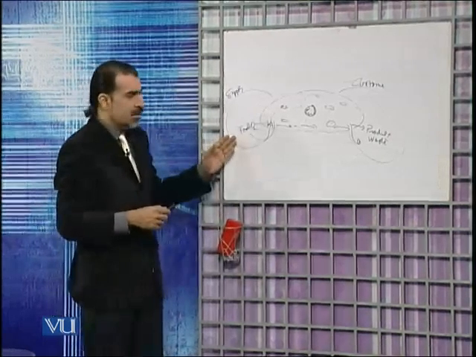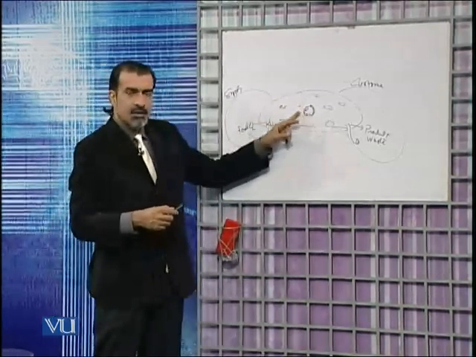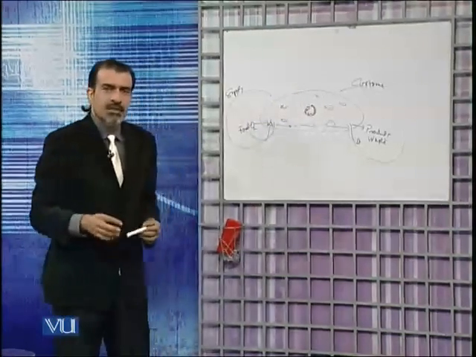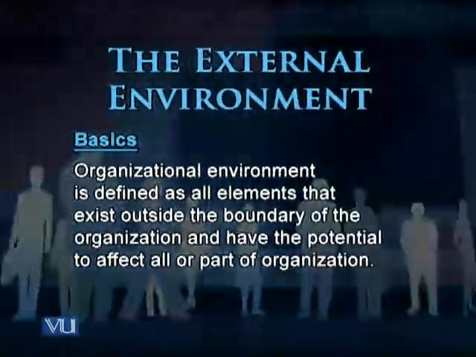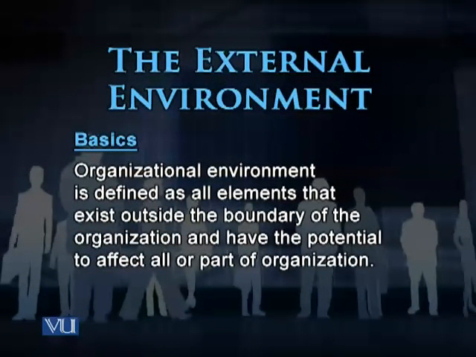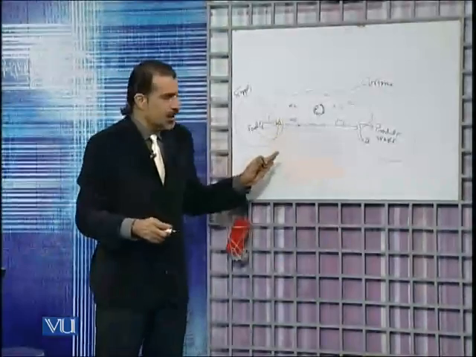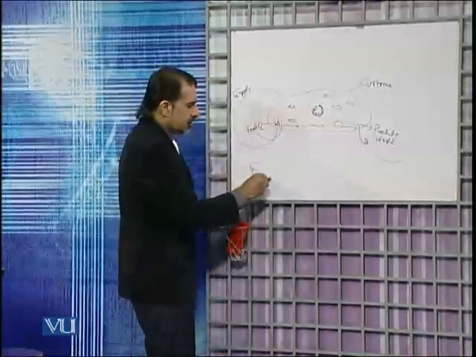The company has a supply side, raw material, human beings, and internal processing, a nucleus, a top management, various departments, and then it also gives out its products and services and waste in the environment. So by this definition, environment will be defined as all elements which are existing outside the boundary of this organization. So all of the rest which we can see in this picture as whiteboard, all of this is environment.